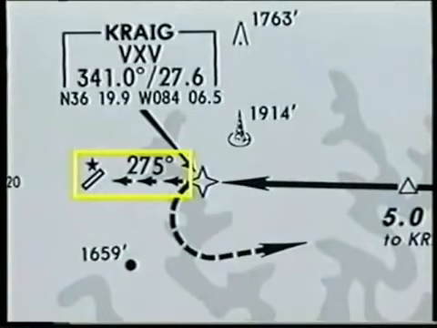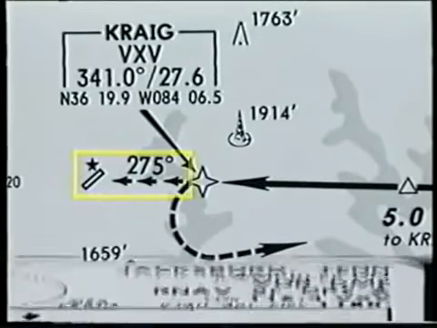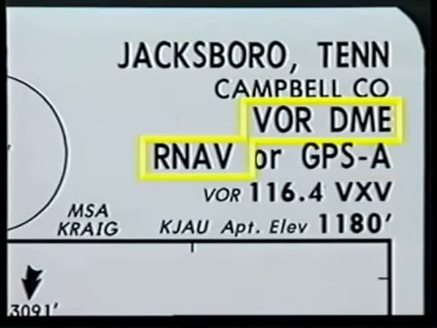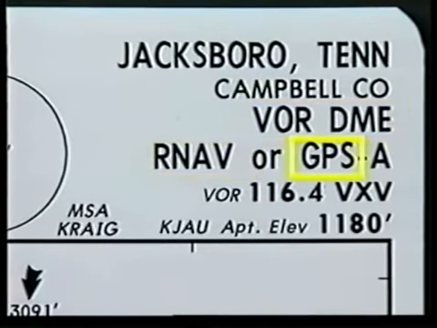Where straight-in minimums are not provided, the approach is identified with a letter and only circle-to-land minimums are specified. Here you can fly the circling approach by using either the VOR DME RNAV or by using Global Positioning System. When GPS can be used for the approach, the 4-letter Jeppesen Nav Data Airport Identifier is added to assist in selecting the appropriate airport information from the GPS database.